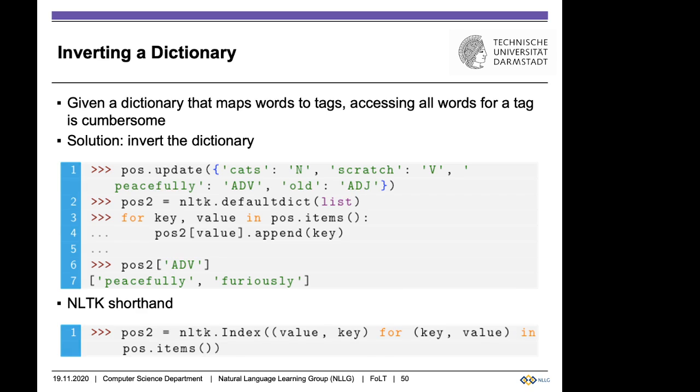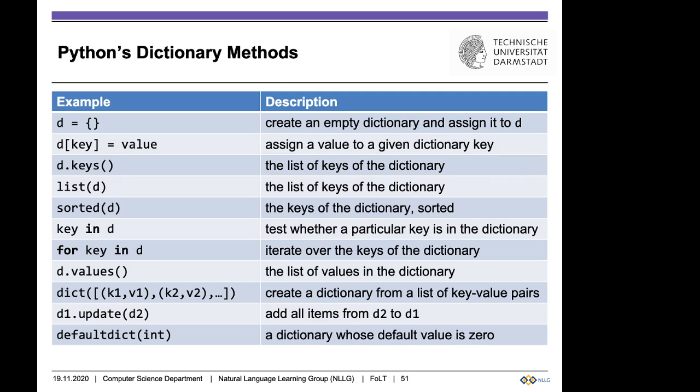Okay, now let's look into the summary of dictionaries. Just like a list, here are all the operations that we can do for dictionary data structures. For example, we can create an empty dictionary, and we can assign a value to a particular key in the dictionary.